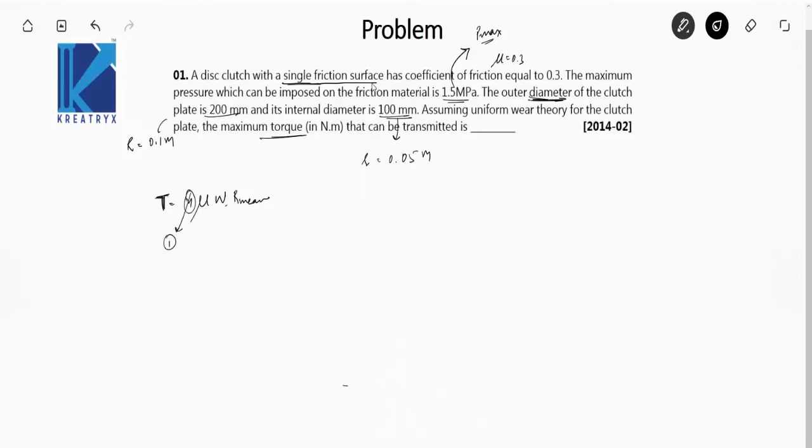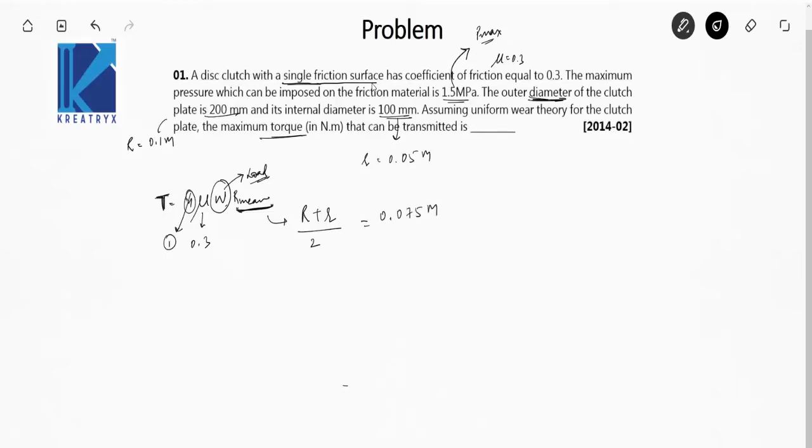Mu is the coefficient of friction, which is equal to 0.3. W, we don't know. W is the load that can be imposed on the friction material, and R mean is the mean radius used in uniform wear theory, which is outer radius plus inner radius upon 2. This is 0.075 meters.